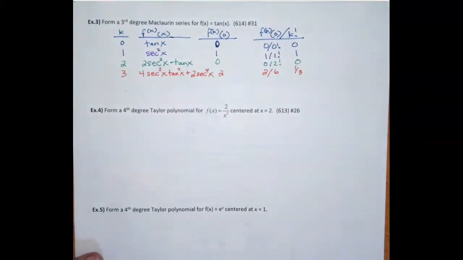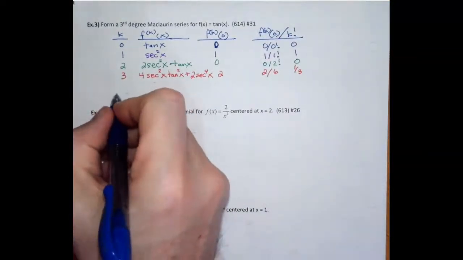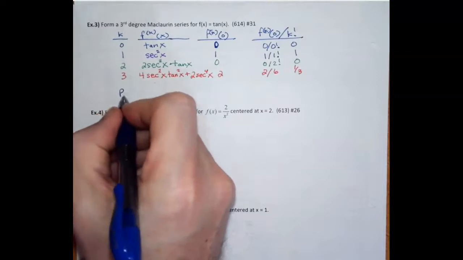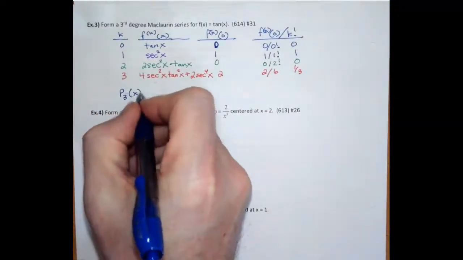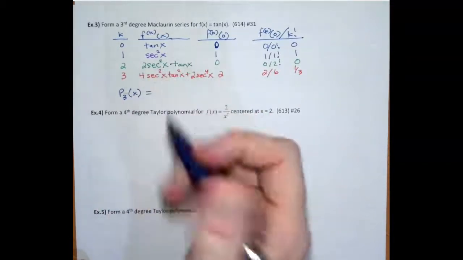Okay, and so now we can write out the polynomial. So this is 3 and here.